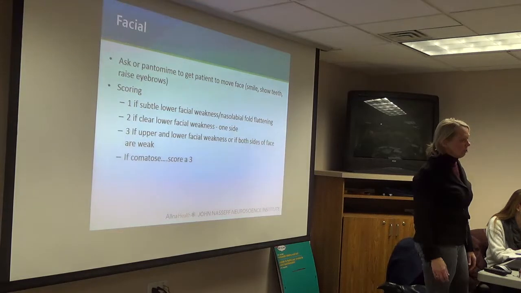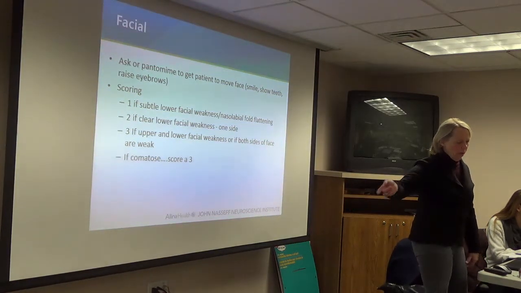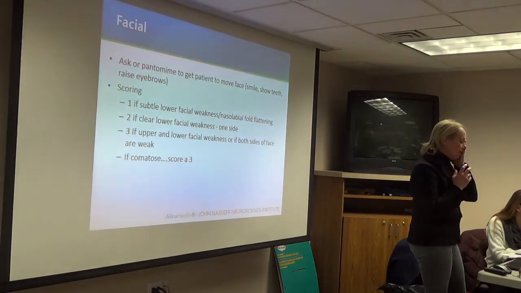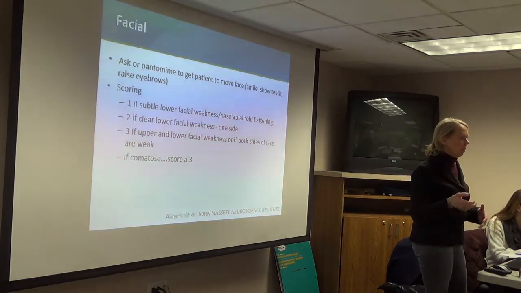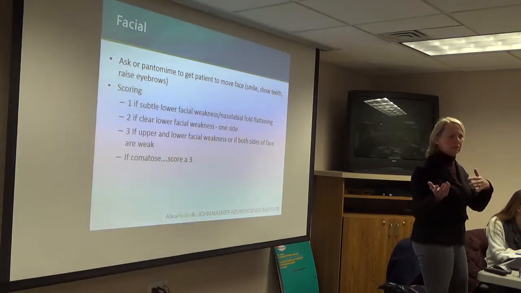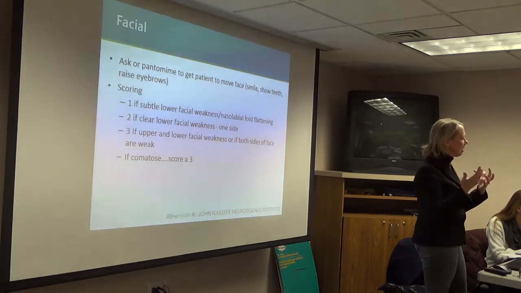It's also going to be a 3 if you have a patient, let's say they had a stroke 3 months ago, and it affected their right side, and now they had a stroke on the other side, and both sides of the face are weak. Sometimes it's hard to figure out, do they not understand what I'm asking them to do? Because neither side of the face is working, and you don't have anything to compare.